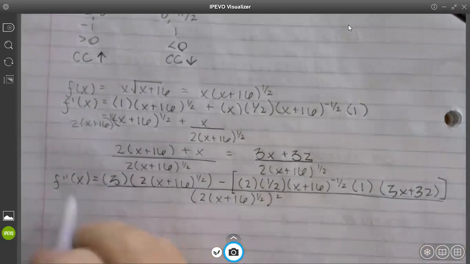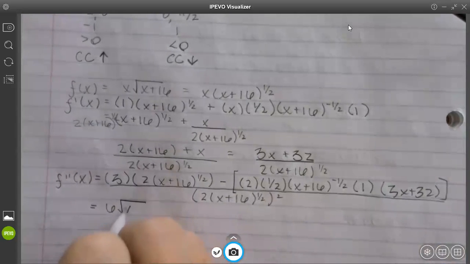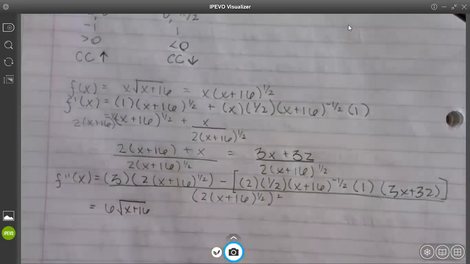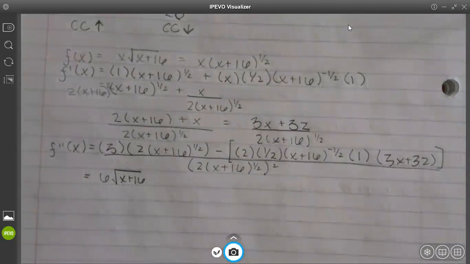All right, clean up the top. I get 6. I'm going to rewrite it as a square root of x plus 16.